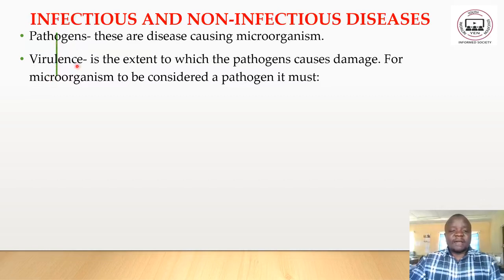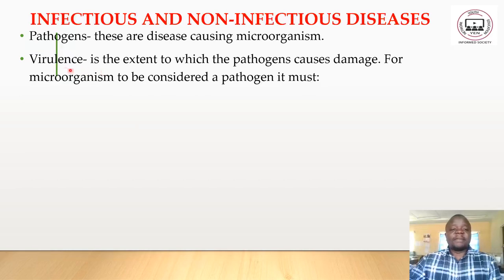We have another term, which is virulence. Virulence is the extent to which the pathogens cause damage. For a microorganism to be considered a pathogen, it must meet certain conditions.